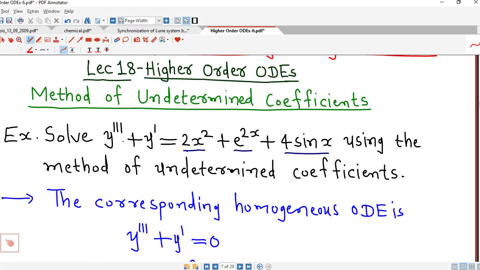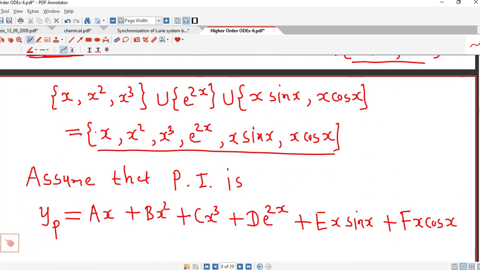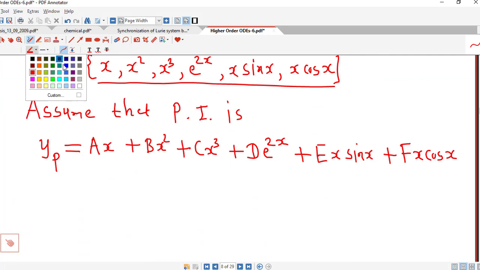Now yp is a solution of this equation, so it will satisfy this equation. So we will have yp triple dash plus yp dash equal to this right hand side. So we will require first and third order derivatives. So now we differentiate this particular solution with respect to x.